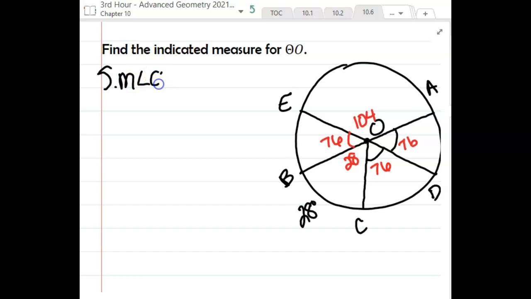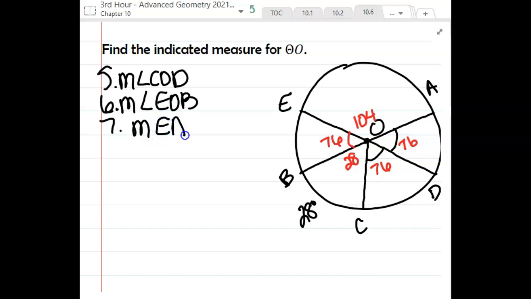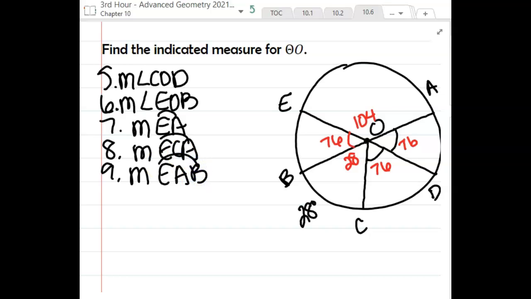We want to find the measure of angle COD, the measure of angle EOB, the measure of arc EA, the measure of arc ECA, and the measure of arc EAB.